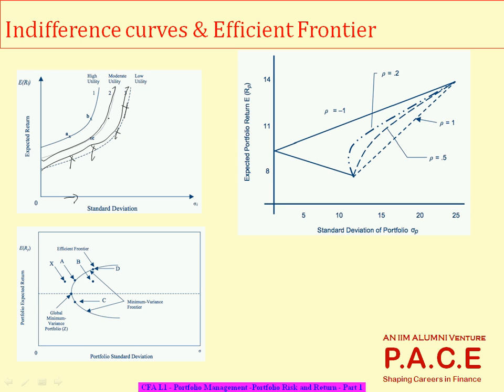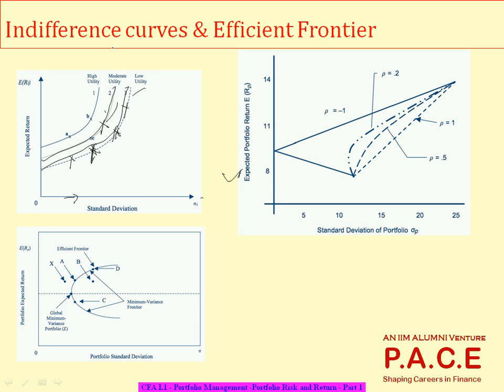As long as the portfolio is on a given curve, the investor has no preference. But if I compare this versus this, you will always go for this, because it gives more utility, more satisfaction, since it lies on a slightly higher plane.